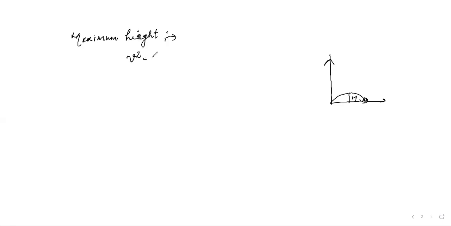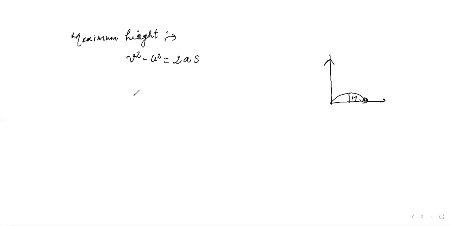Now we will find the expression for the maximum height of the projectile. The maximum vertical distance covered by the projectile is called maximum height. As we know, this is the maximum height. Since we know v square minus u square equals 2as.